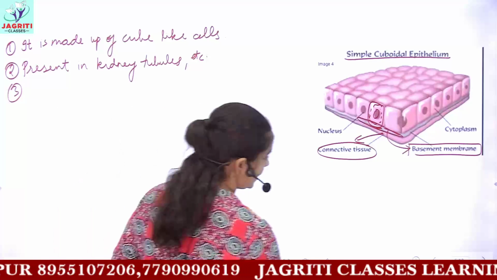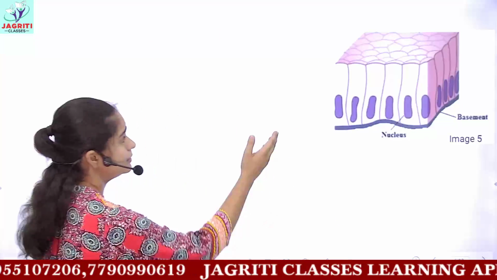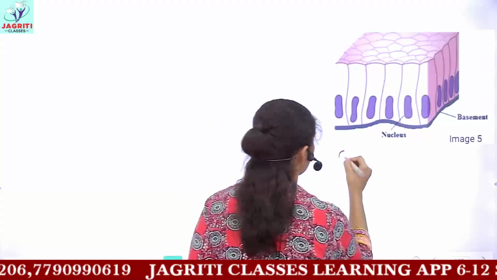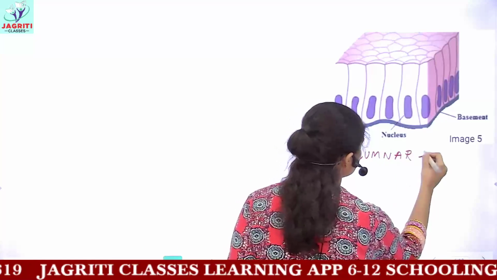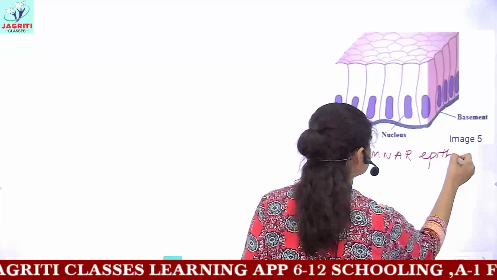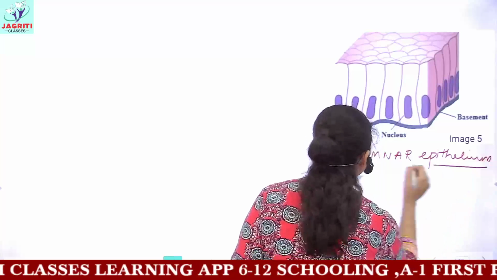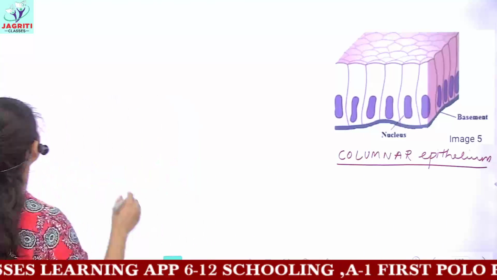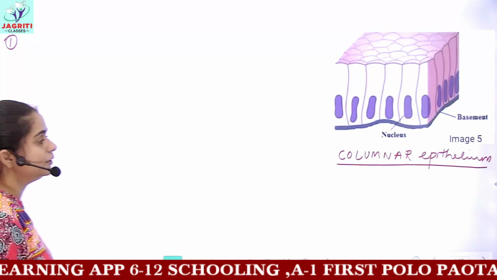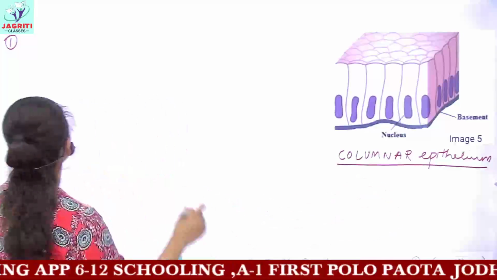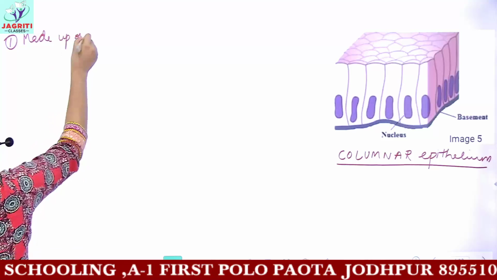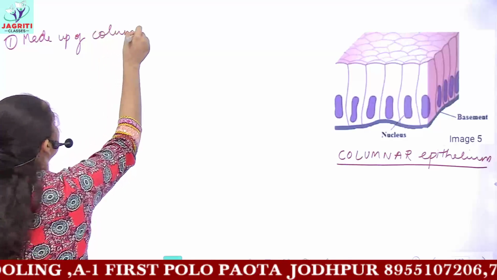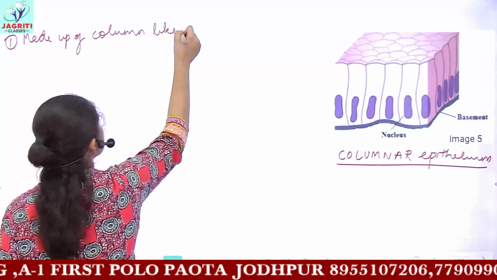Then next, this image is of columnar epithelium. This is your columnar epithelial tissue. As you can see from the name, why is it called columnar? Because it is made up of column-like cells.